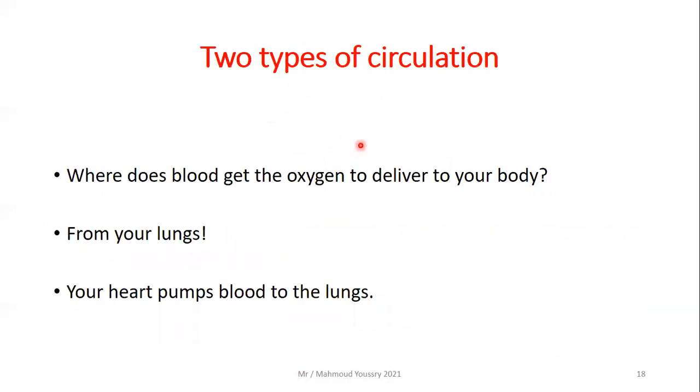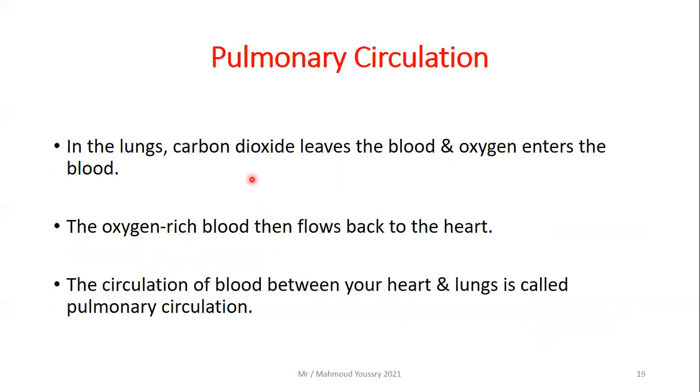Then there are two types of circulation. Where does blood get the oxygen to deliver to your body? Yes, the blood gets the oxygen from your lungs. Your heart pumps blood to the lungs. In the lungs, carbon dioxide leaves the blood and the oxygen enters the blood. Then this blood becomes oxygen-rich blood, which then flows back to the heart.